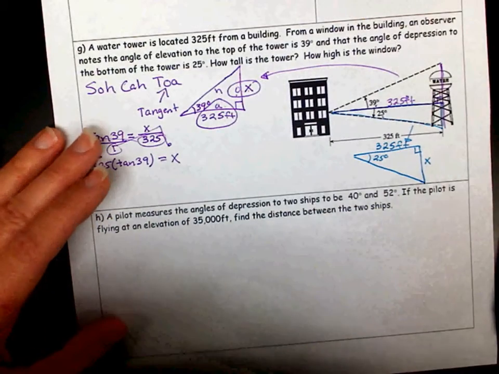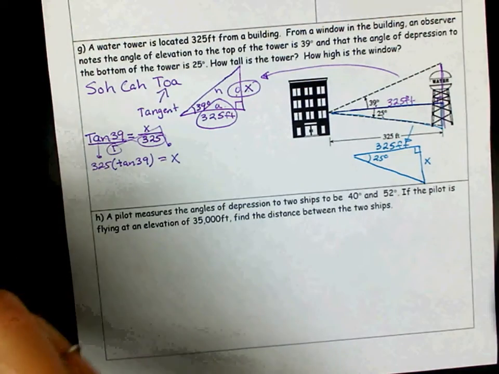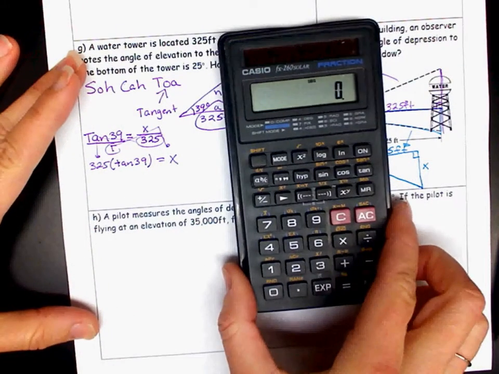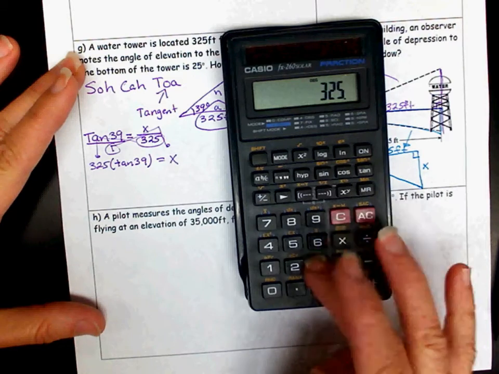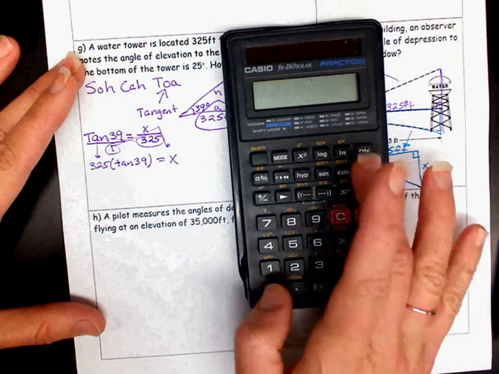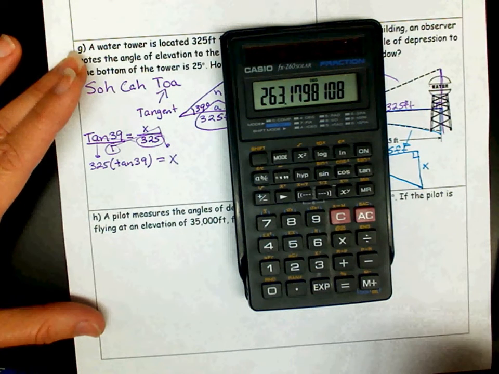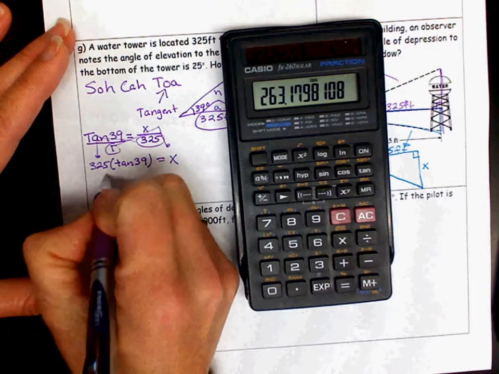So if you have your calculator, get it out. Enter that into your calculator. And I get 363. I'm going to leave it at 363.